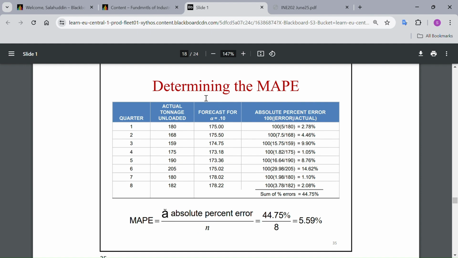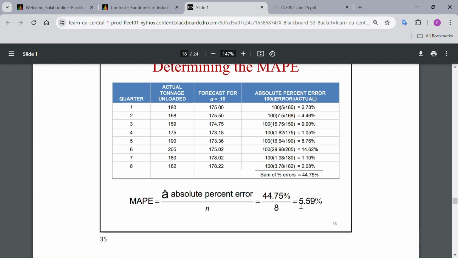And last we have determining the MAPE, and this is determined by the absolute percent error, which is 100 multiplied by the deviation, which is 180 minus 175, which is 5, divided by the actual data, which gives us a percentage. So we add all the percentages and divide them by their number, by 8, which gives us 5.59.